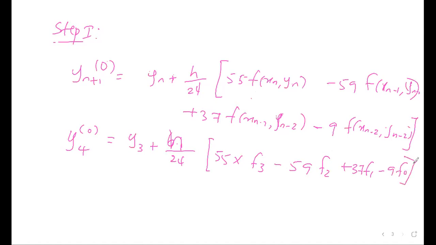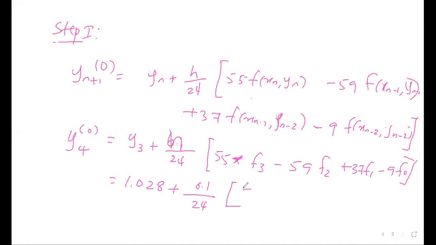We have named these for easiness, so now you can memorize easily: 55, 59, 37, 9, plus minus, plus minus. So y3 actually, what is that? 1.028, isn't it? So h will be 0.1 divided by 24.